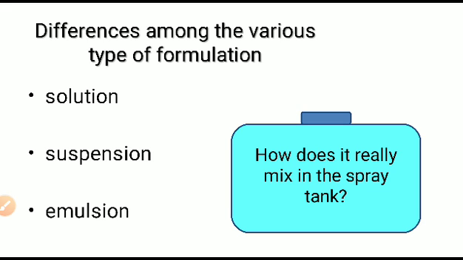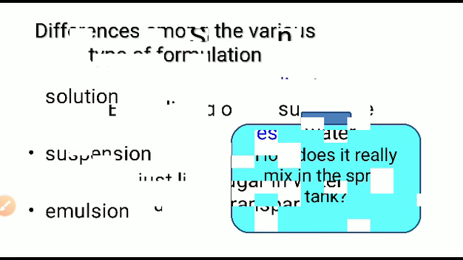Whenever we spray the pesticide on the farm, we first have to mix the pesticide with the other ingredients to make it more effective. Let me learn how it really mixes in the spray tank.